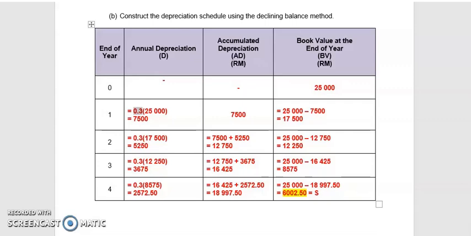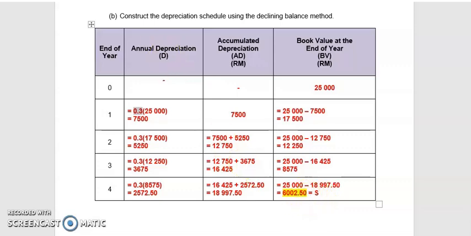Due to rounding the decimal, we did not get exactly 6,000 ringgit. Recall that the book value at the end of useful life can be written as scrap value or salvage value, but the book value of year 3 or year 2 cannot be treated as scrap value.